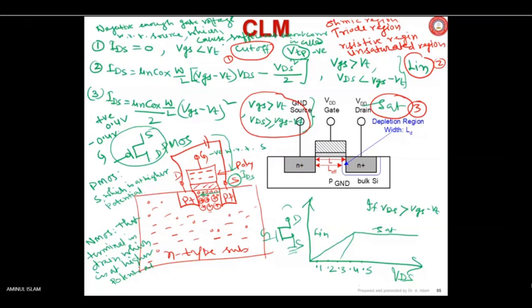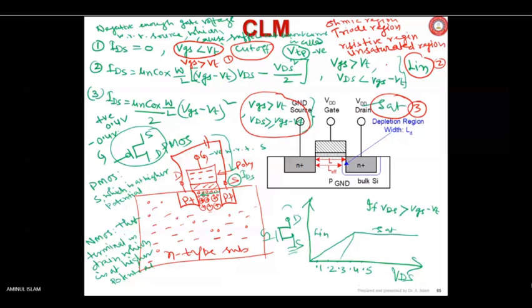In this case, what will you write? The current equation we have written here, how will we modify it? It should be written as VGS greater than VT. For a P MOSFET, IDS equals 0 if VGS is greater than VT, and that region is called the cutoff region.